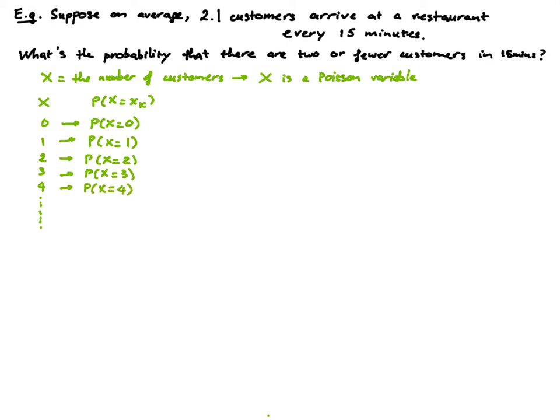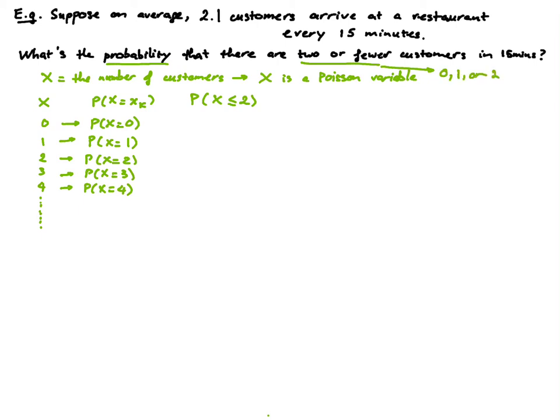So now the question says, what's the probability that there are 2 or fewer customers in 15 minutes? So the probability that we're looking for is the probability that x is less than or equal to 2, right? That means 2 or fewer. Now, when we have 2 or fewer, that means we must have 0, 1, or 2.